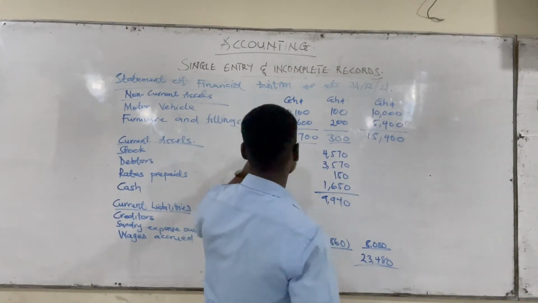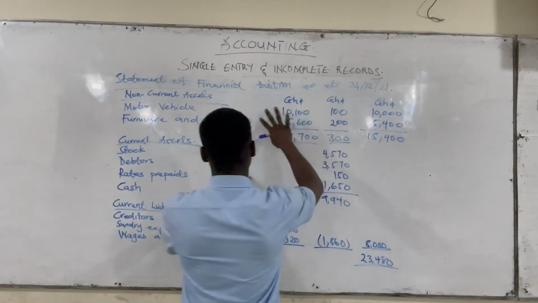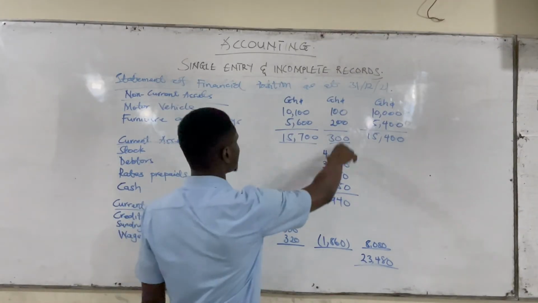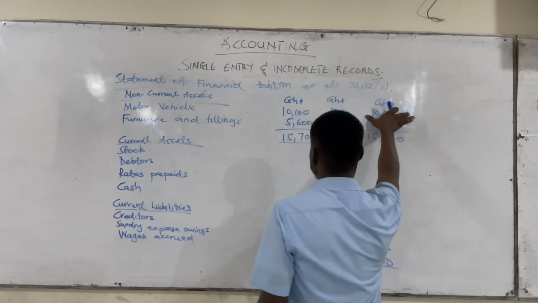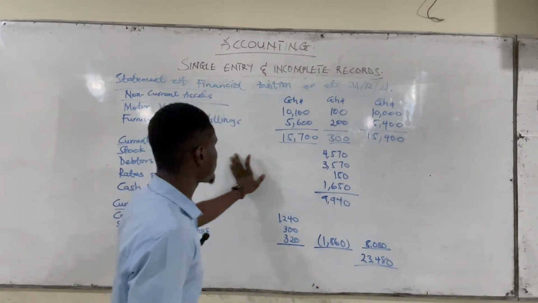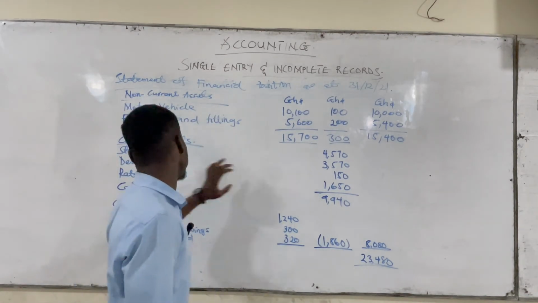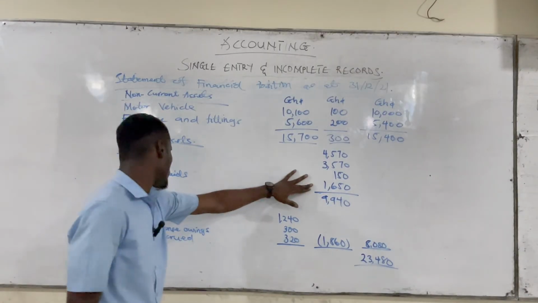So we will first of all write our opening balances for the non-current assets, then the depreciation will come, then the ending balance for which you are going to work with will come. Then we will list all our closing balances of items. We know stock was this, debtors, rates we paid, cash. So these are the closing balances.